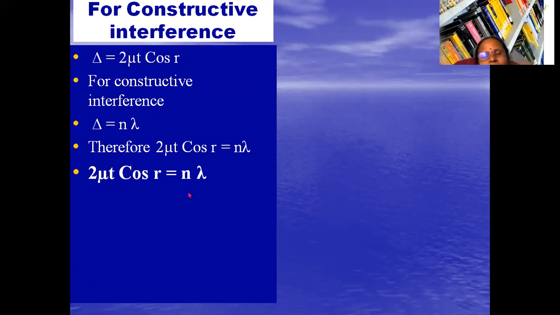Whereas in the reflected light, this is 2n minus 1 lambda by 2. Conditions are exactly opposite for the reflected light and transmitted light, for constructive interference and for destructive interference also.